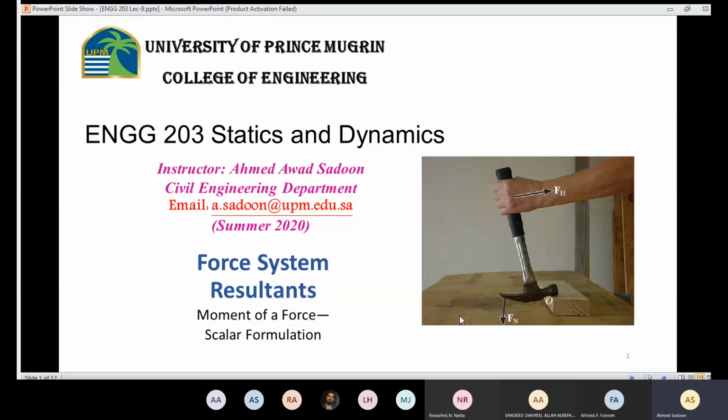So the carpenters use the hammers. If you use a hammer here in order to take out a nail, then you are going only to apply a force in this direction.